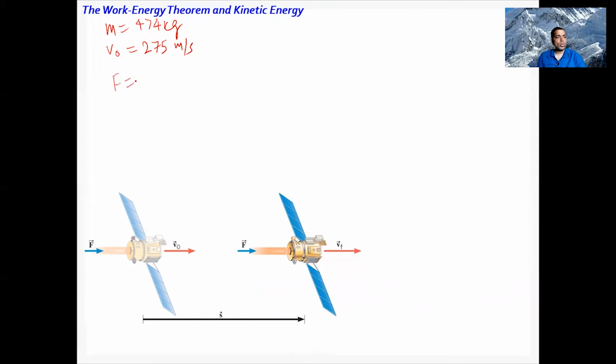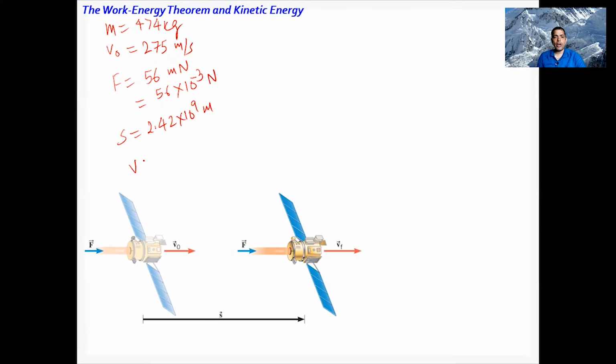Force is 56 millinewton, which means 56 divided by 1000, which is 56 times 10 to the -3 Newton. Displacement S is 2.4 times 10 to the 9 meters.